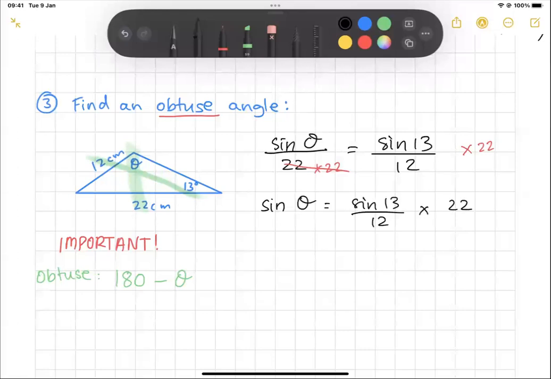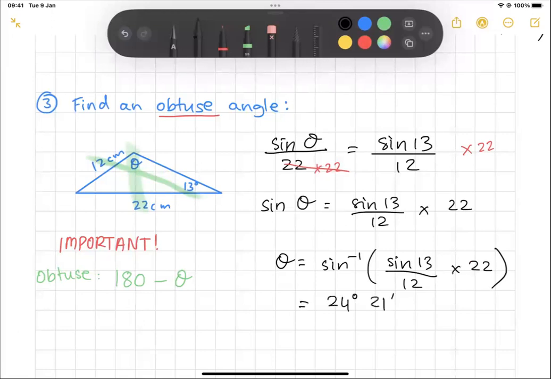How do I get theta by itself? The inverse of sine is inverse sine, or sine to the power of negative 1. I'll write this in and just copy it down. Put that into your calculator and you should get 24 degrees and 21 minutes. We found the angle, but we need to find the obtuse angle.